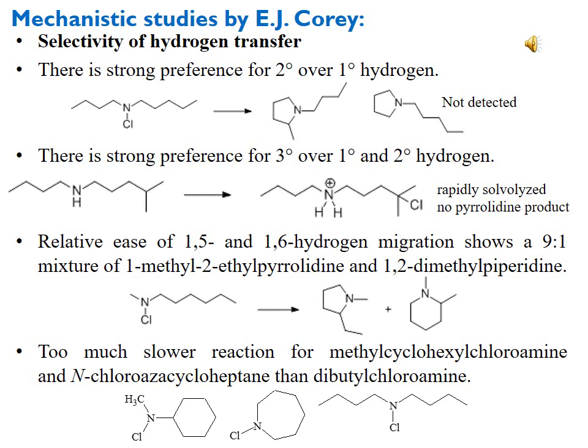Last thing, a much slower reaction has been observed for the methyl cyclohexyl chloramine, which you have seen here, the first molecule, and the second is the N-chloroazacycloheptane, a cycloheptane having a nitrogen heterocyclic ring, as compared to N-butyl chloramine.